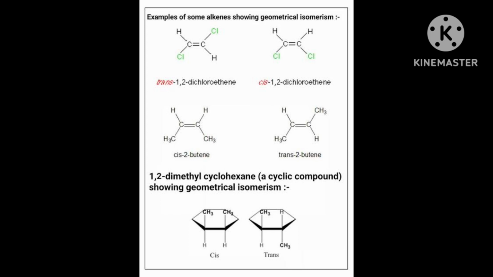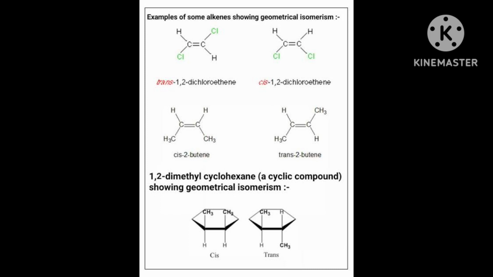They differ in the relative position of their atoms or groups in space, how they are arranged. The sequence of bonds is the same, the atoms are the same, the molecular formula is the same, and the sequence of covalent bonds is the same.